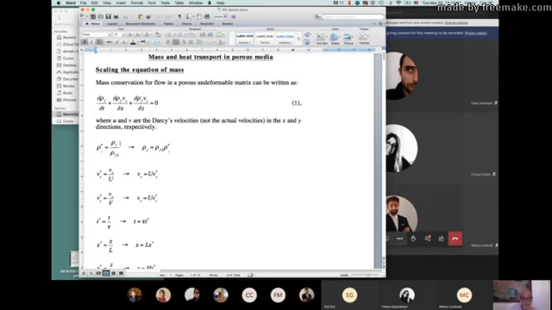So I scale my density of the fluid with the maximum density of the fluid, which I call density of the fluid at 0. 0 means the lower temperature.